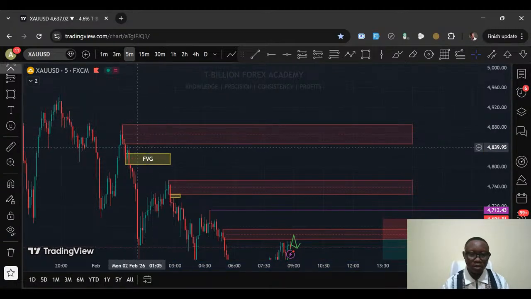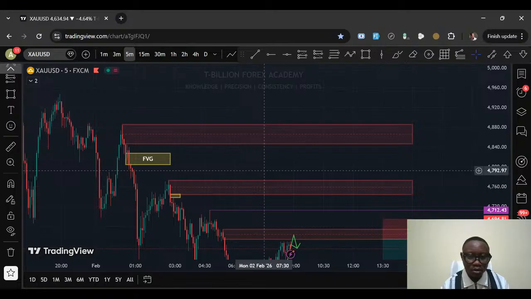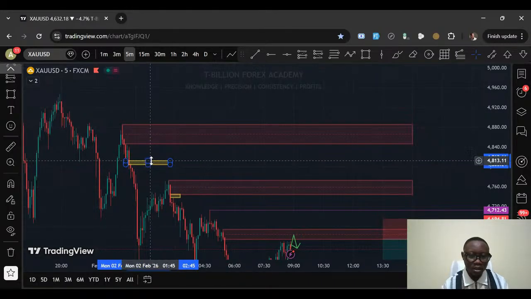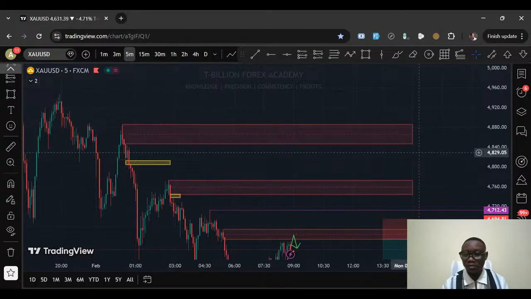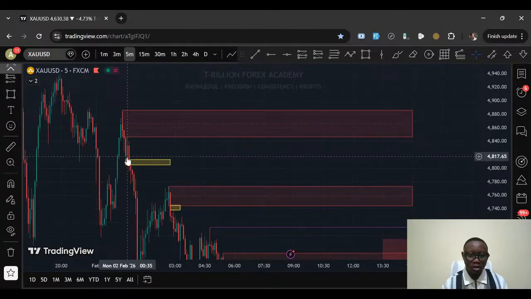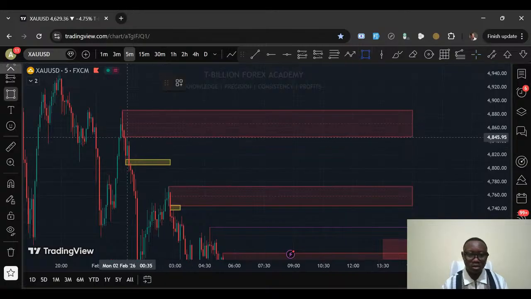All right, the FVG there is quite little, and this will be another order block zone. This green candle here, and this will be the FVG. This particular candle here, this one.